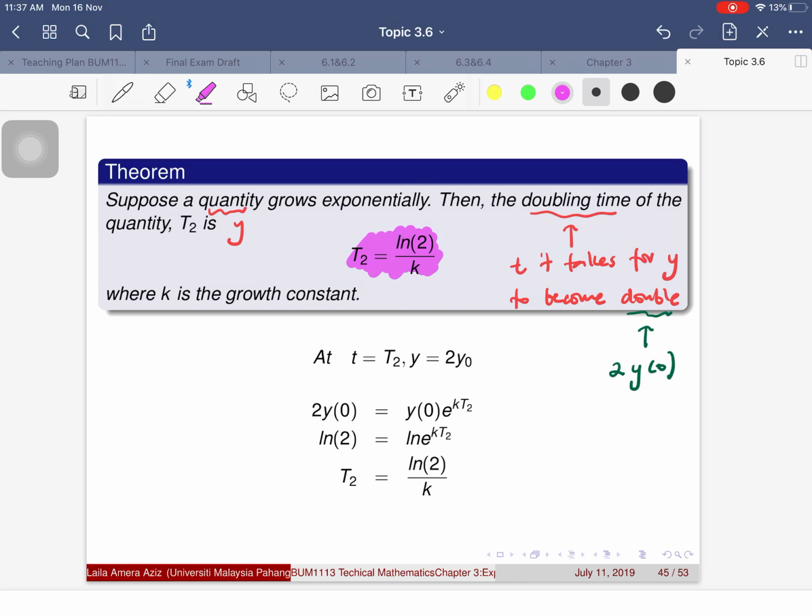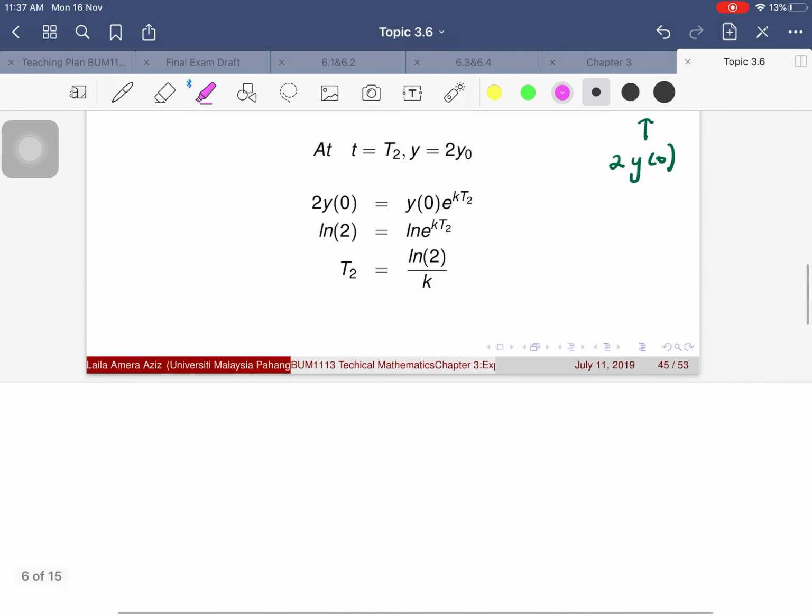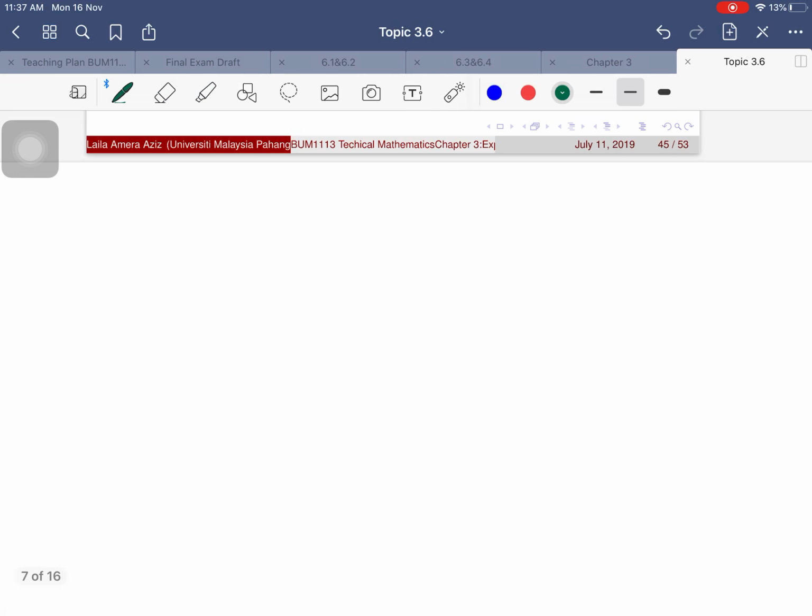So why is that so? Let me add another page over here so that I can explain this to you. Our equation that we have seen before is y(t) equals y0 exponential of kt. Now what we want to know is the value of t when y is equal to twice y0, when y becomes twice the amount of the initial value.